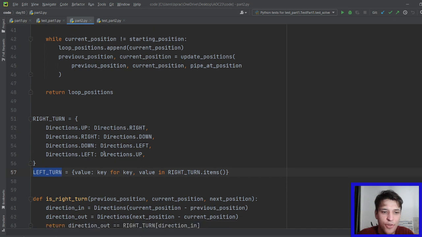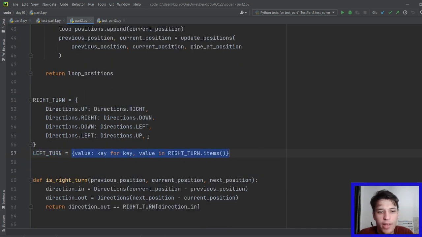And a left turn will be all the opposite directions, mapping right to up, up to left, left to down, and down to right.